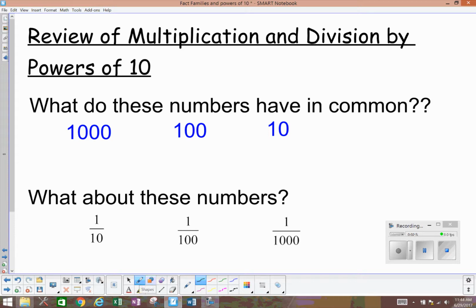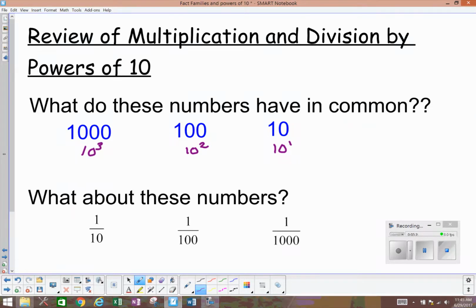So, for instance, 10 is 10 to the first power. 100 is 10 to the second power. 1,000 is the same as 10 to the third power.